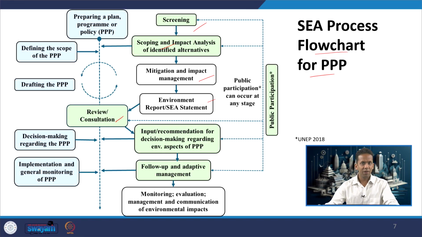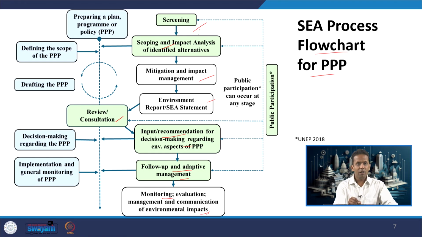After the review and consultation, some inputs or recommendations are obtained for decision making regarding different environmental aspects of the plan, program or policy, after which there is follow up and adaptive management, and finally monitoring or evaluation. Once that is done, communicating the environmental impacts is also done.